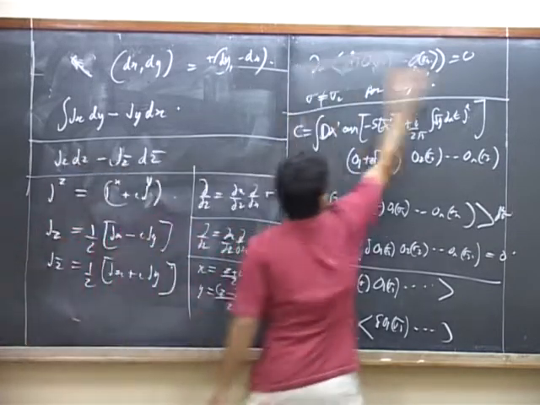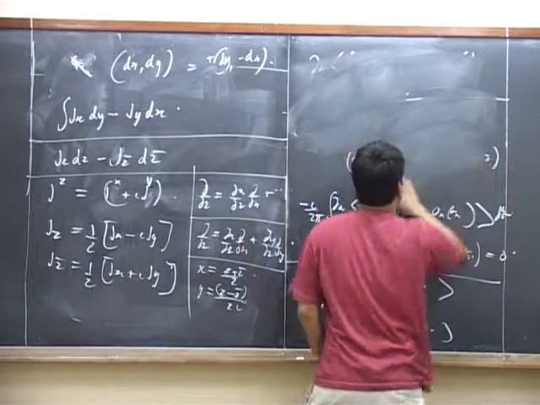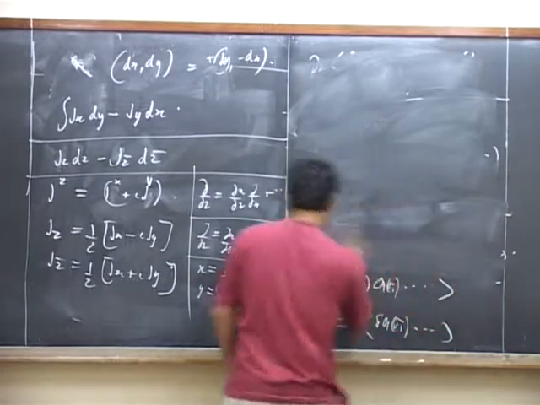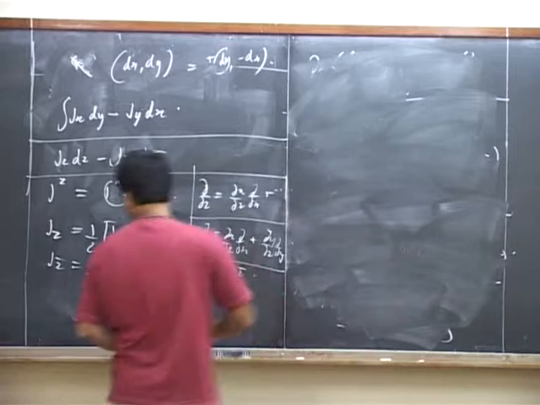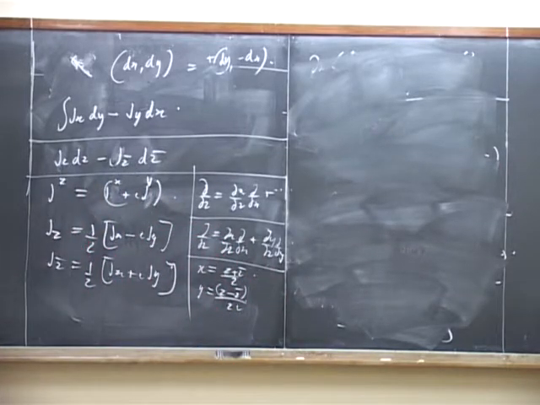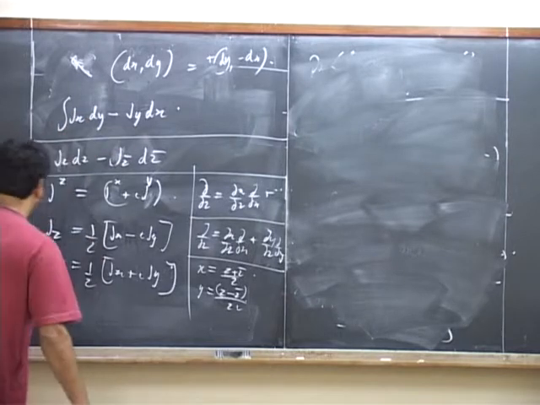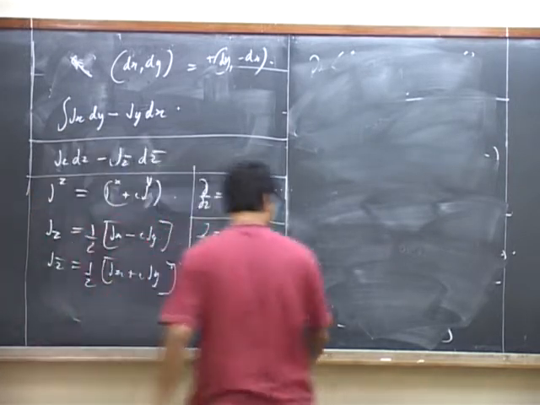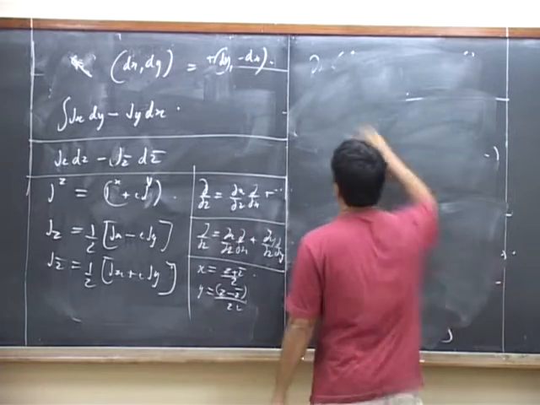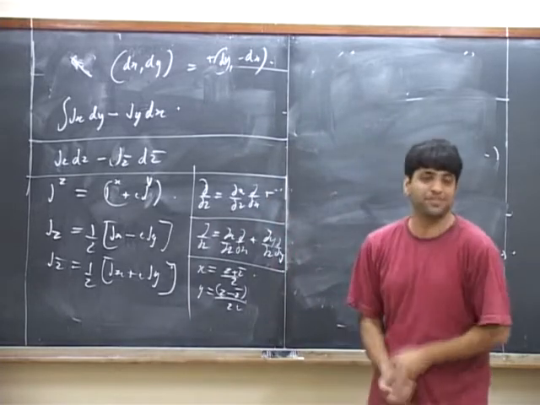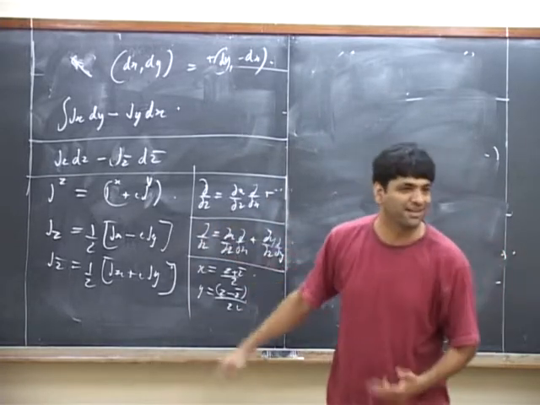Now it's a simple matter to check that this is the same as this. Of course, there are many more sophisticated ways of seeing it. It's basically the transformation of the epsilon symbol that we're working on here.